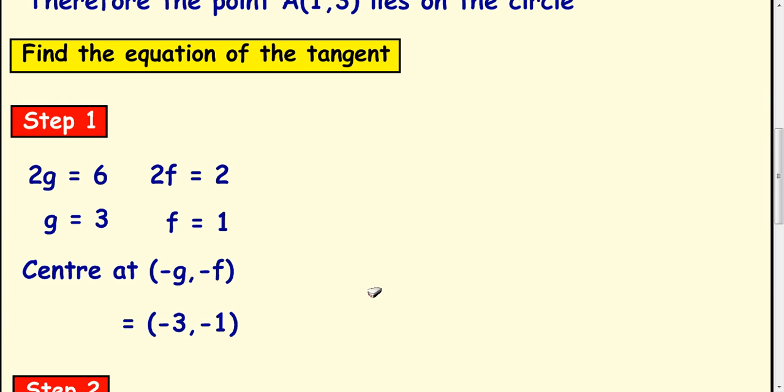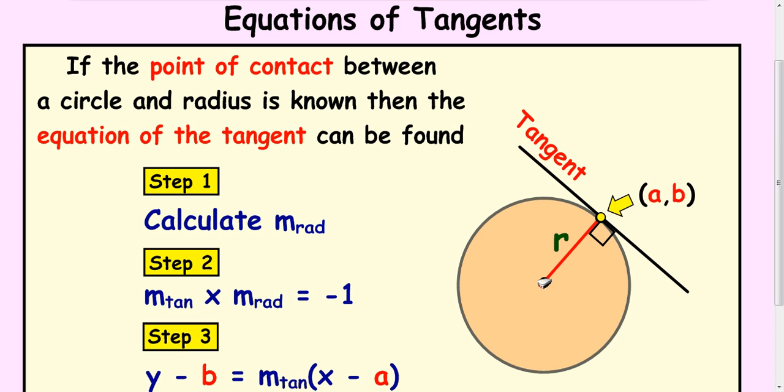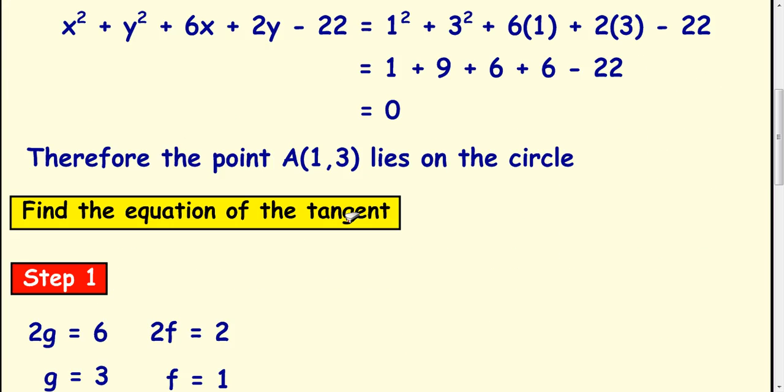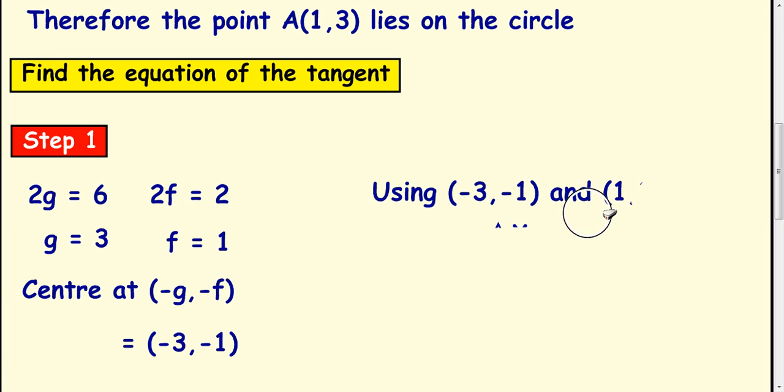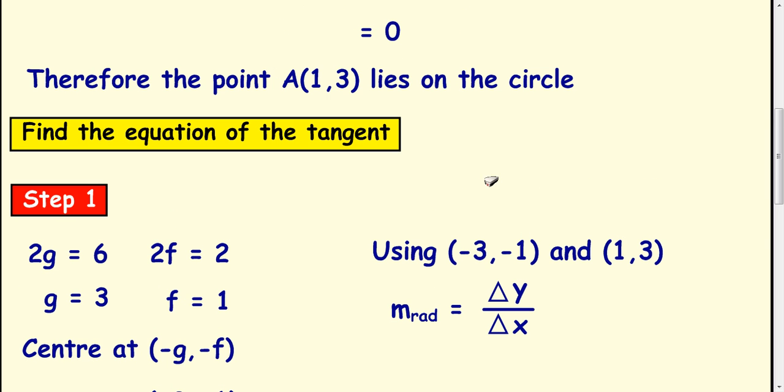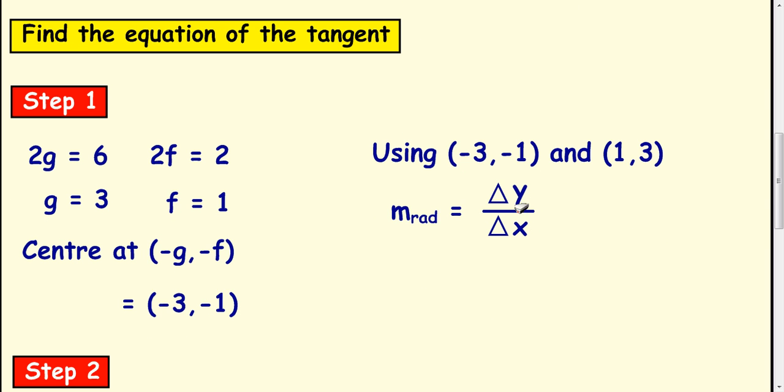Now we have got the centre point, and we've got this point here, we can calculate the gradient of this line. So gradient using these 2 points is delta y over delta x. That's your centre point and the point on the line, (1, 3). So delta y over delta x, 3 take away -1 and 1 take away -3 on the bottom.